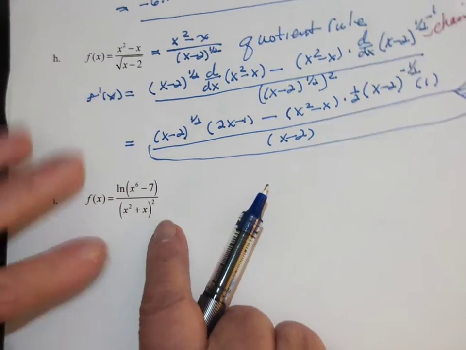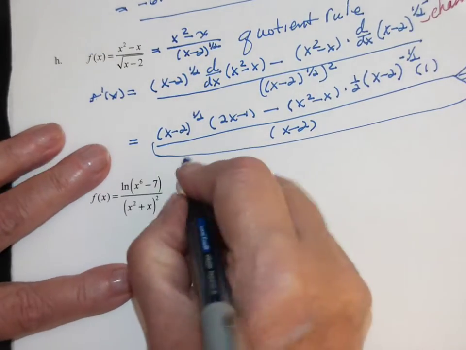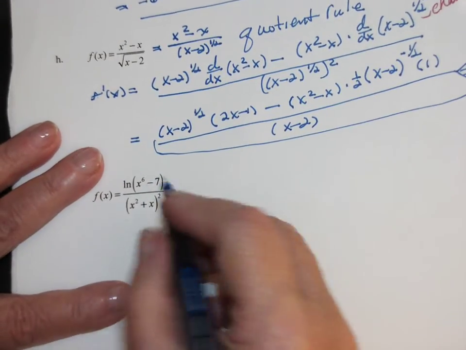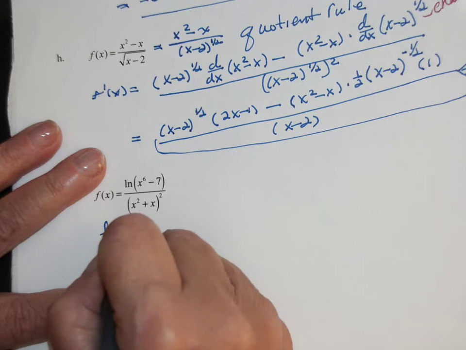This is definitely quotient rule. And I can't rewrite anything. So what's f prime?